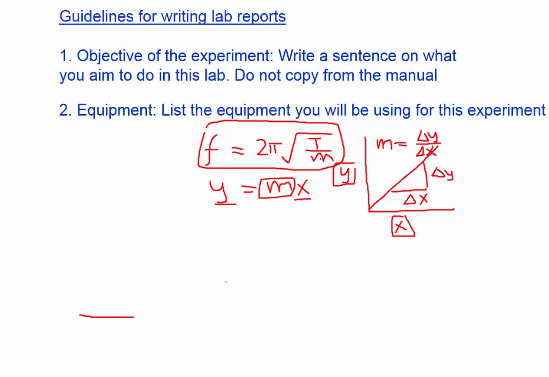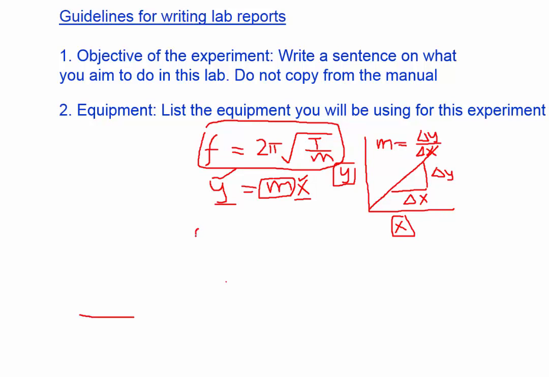In other words, T is in the place of x and F is in the place of y. We need to rewrite this equation in that form. Now, if you have an equation like this with a square root sign, I suggest that you always square the equation to get rid of the square root sign.